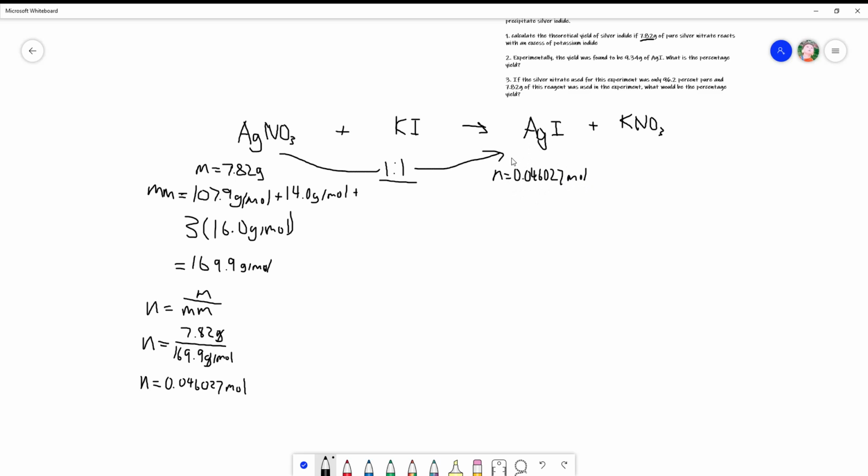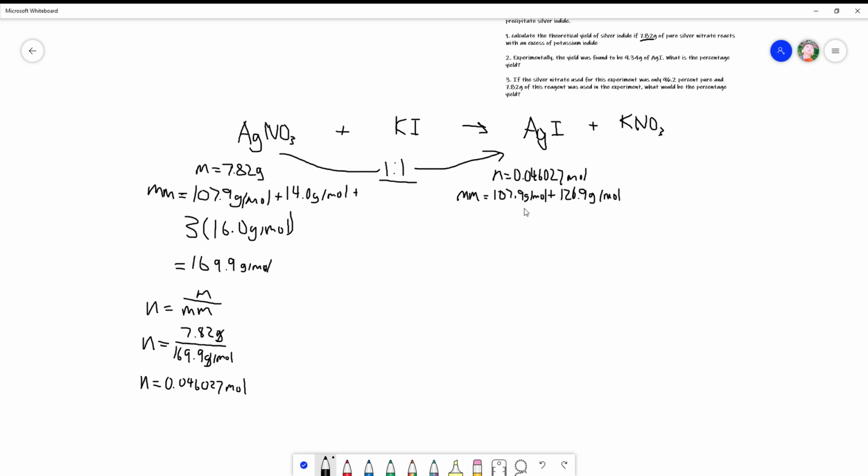And now we have to find the mass of silver iodide to find the theoretical yield of silver iodide. So to find the mass, we need the molar mass of silver iodide. And the molar mass of silver iodide is just the molar mass of silver, which is 107.9 grams per mole, plus the molar mass of iodine, which is 126.9 grams per mole.